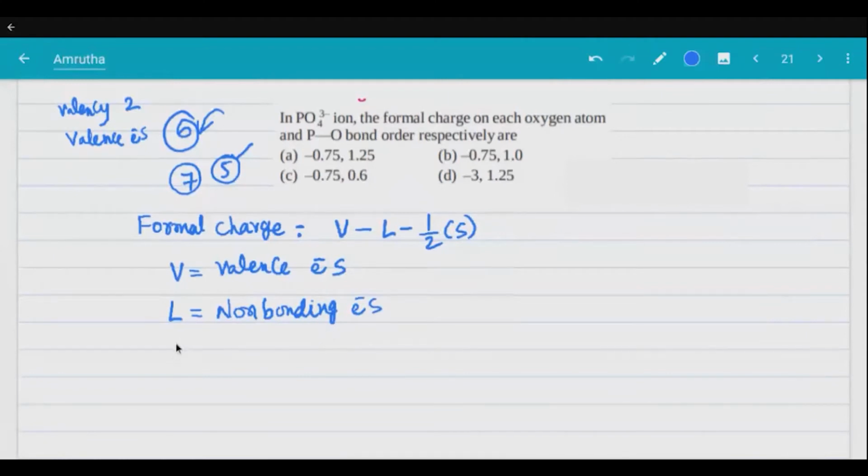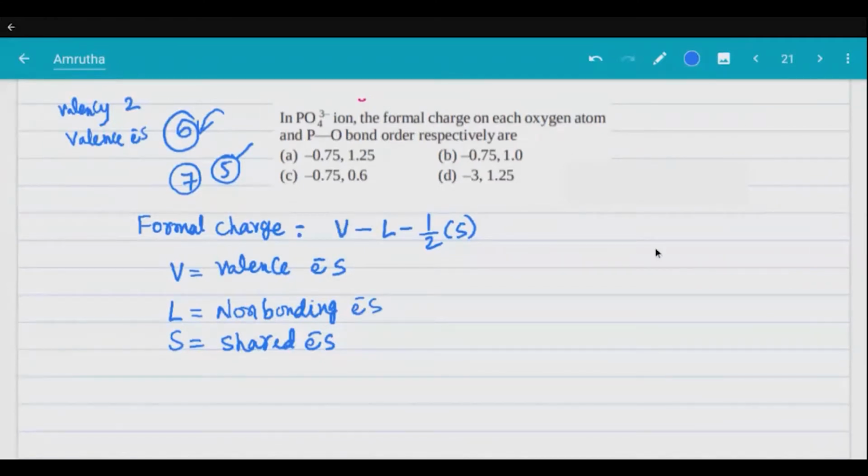What does S mean now? S means how many electrons are shared. Very easy. Understood, right? Formal charge is the charge on that element in a given compound when it may lose electrons or it may gain electrons. So based on valence electrons we will decide the charge.